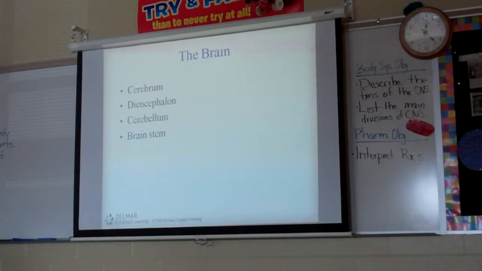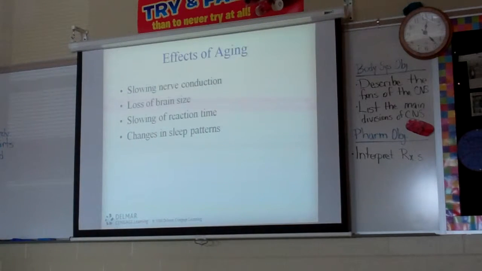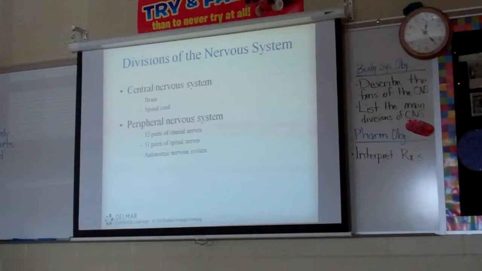What makes up the peripheral nervous system, Lauren? Twelve pairs of cranial nerves, spinal nerves, autonomic nervous system. Very good. What does autonomic mean, Eddie? It's on its own. Good. On its own.